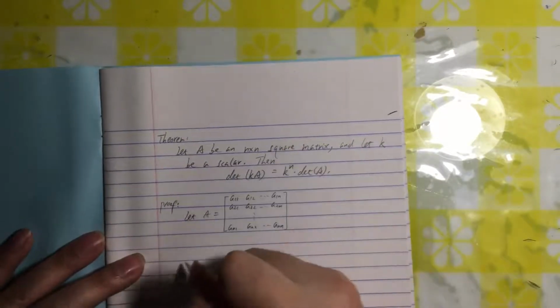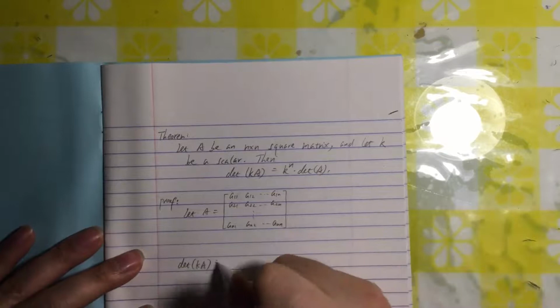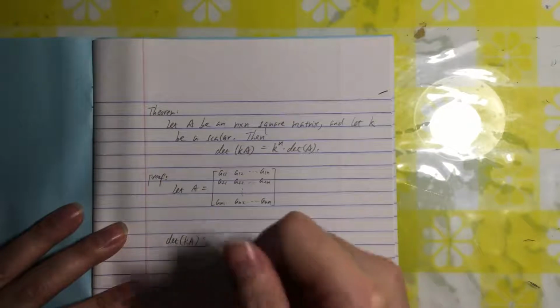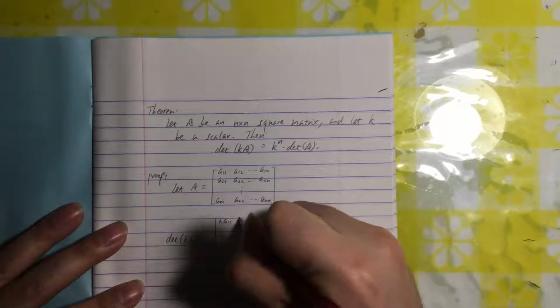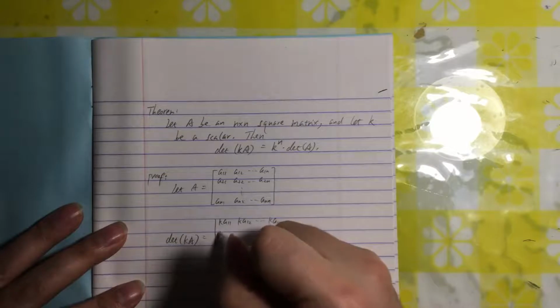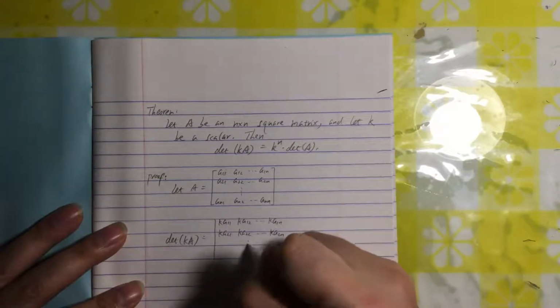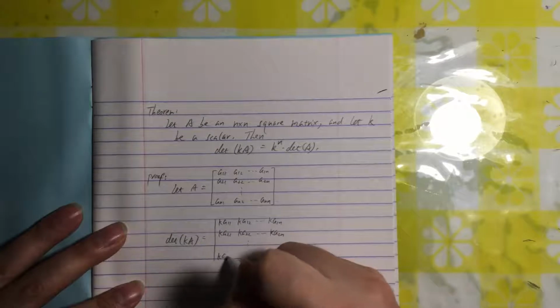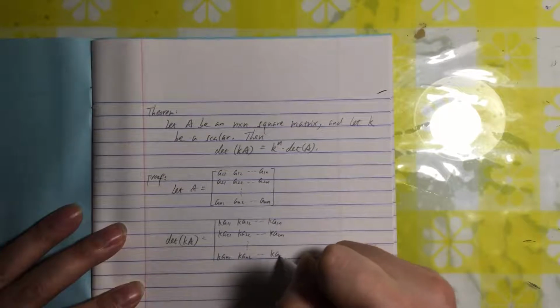Then the determinant of kA: we multiply k to every entry. For the determinant of kA, I multiply k to every entry. That's the determinant of the matrix kA11, kA12, kA1n in the first row, kA21, kA22, and kA2n in the second row, then kAn1, kAn2 and kAnn in the last row.